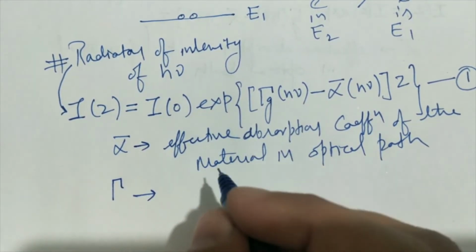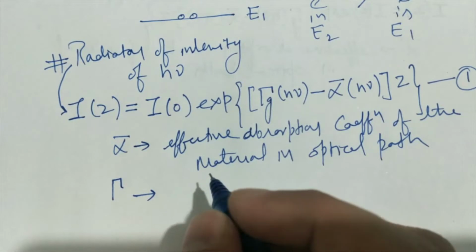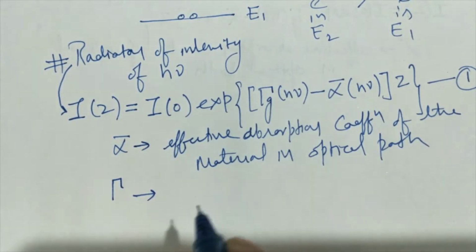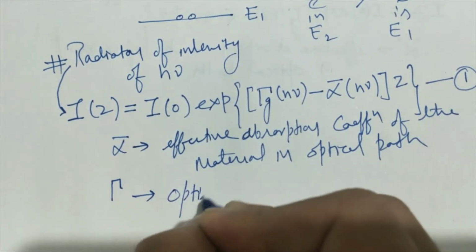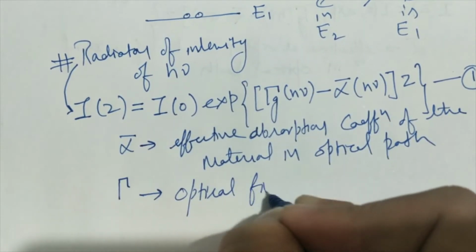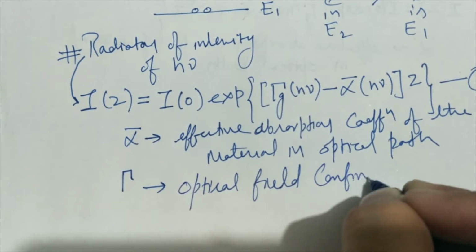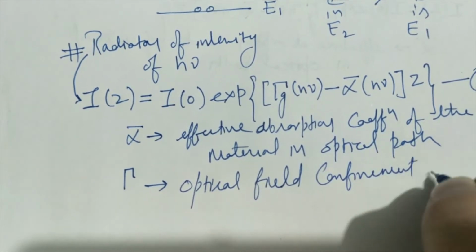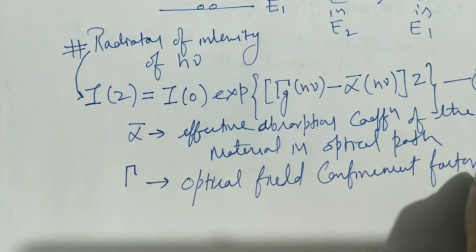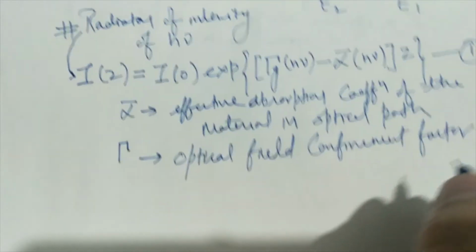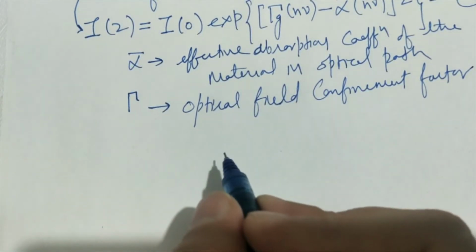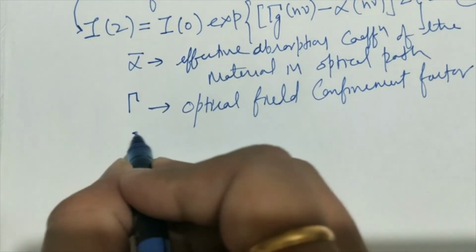Gamma is the optical field confinement factor, that is, the fraction of optical power.